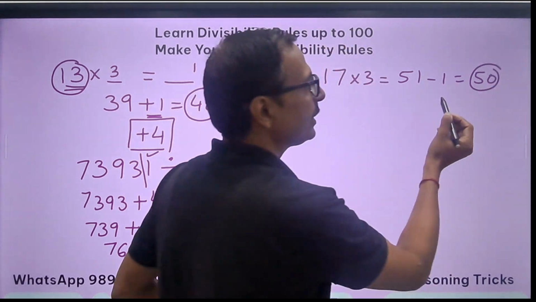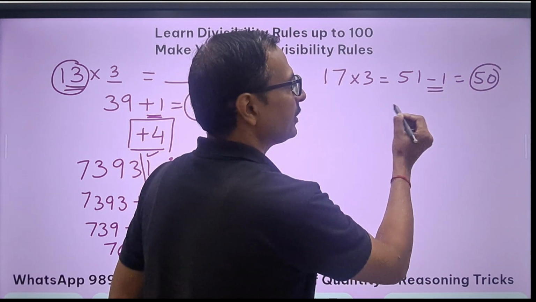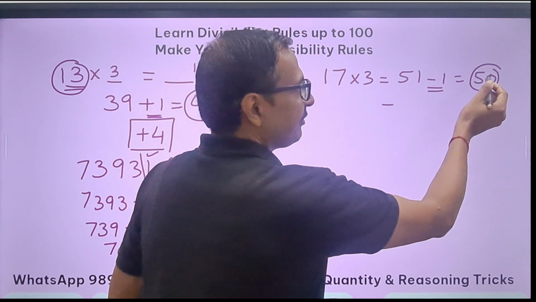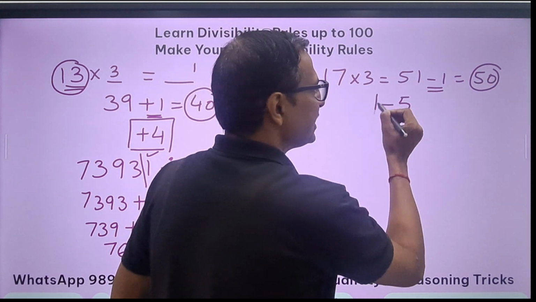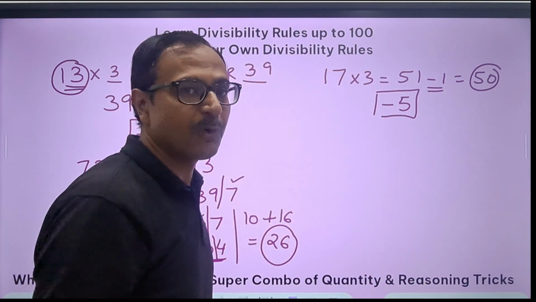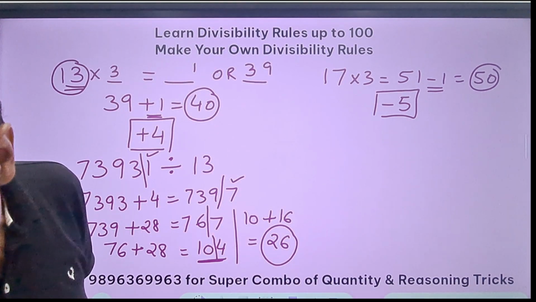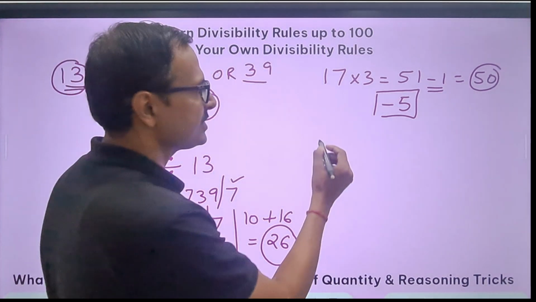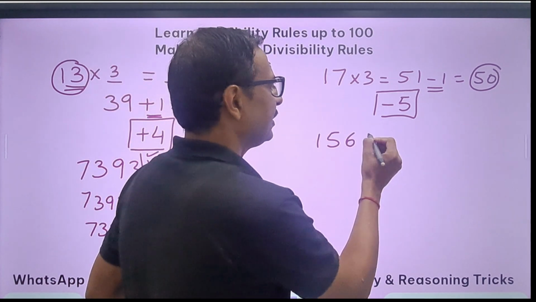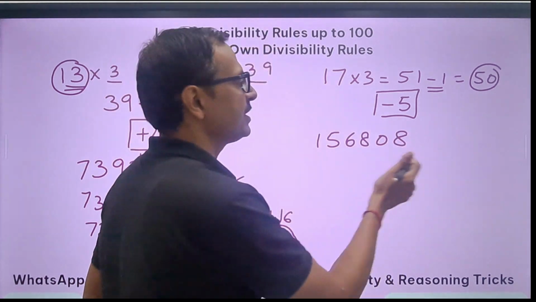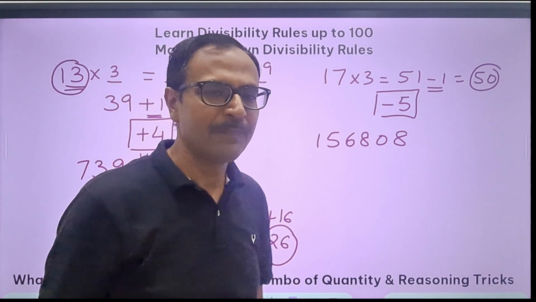So what is the oscillator? Since I subtracted, the oscillator is negative and 5 tens means minus 5 is the oscillator for 17.